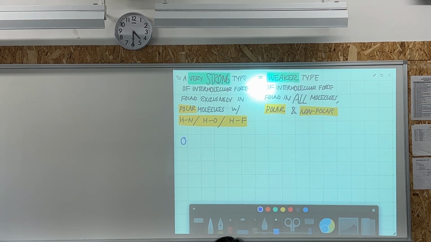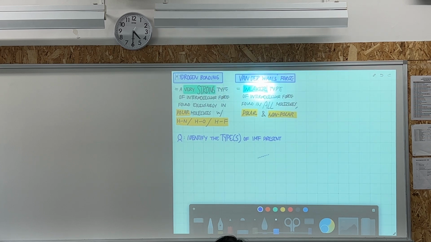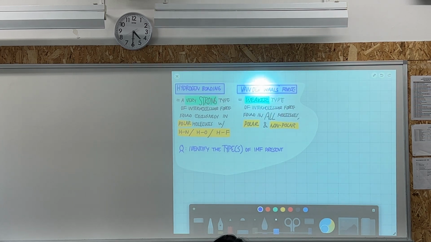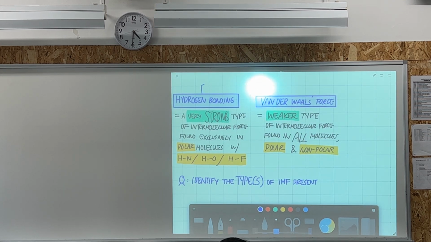Question: identify the type or types of intermolecular force present. You can put an umbrella term on top of hydrogen bond and van der Waals force. They are both under intermolecular force.